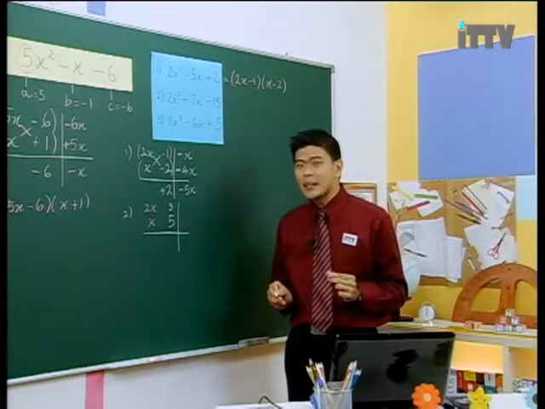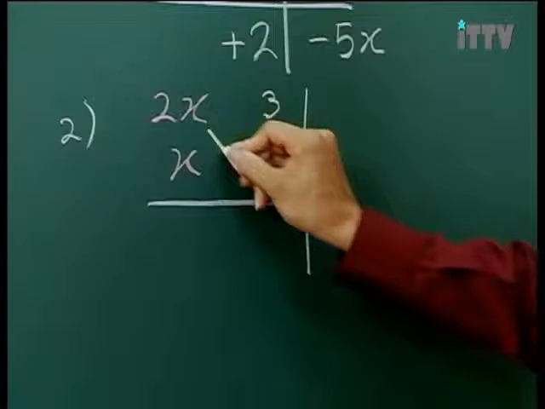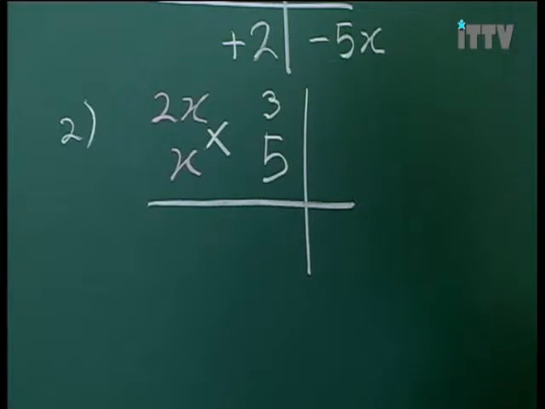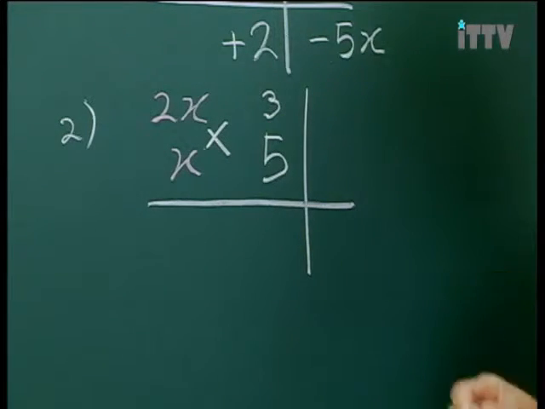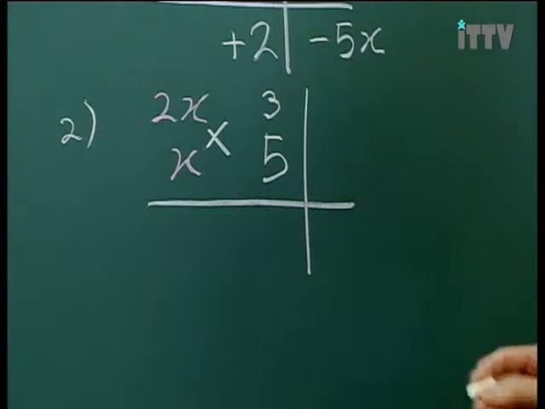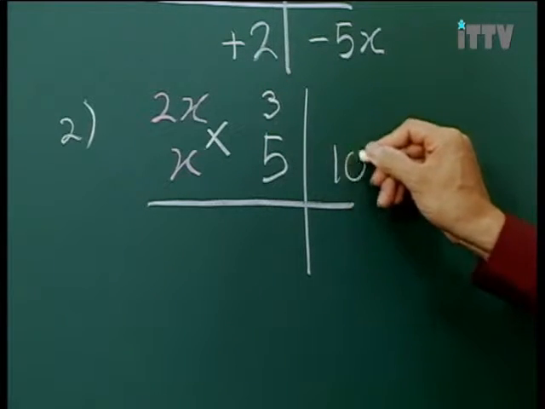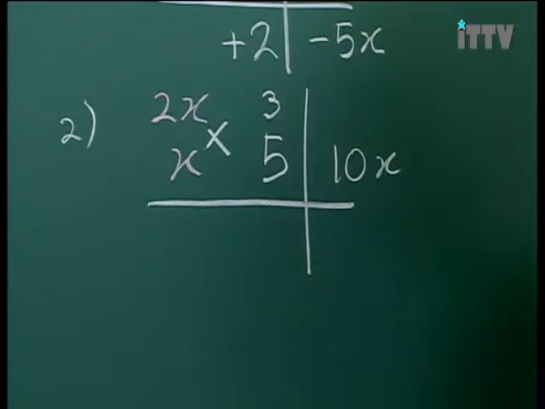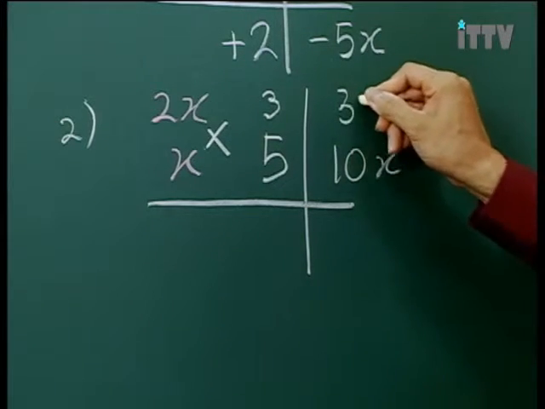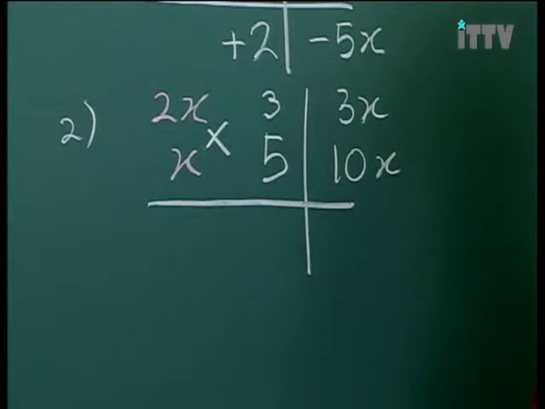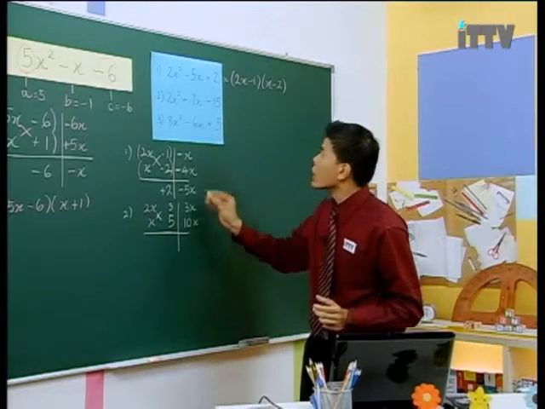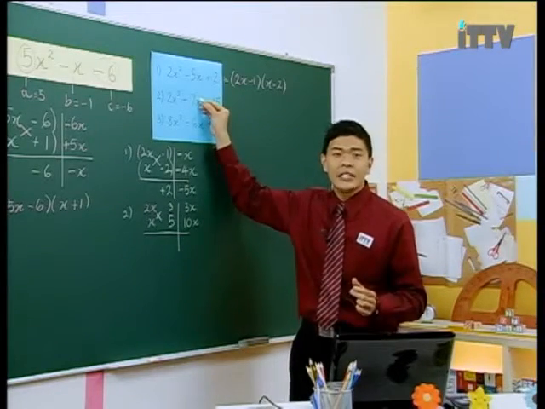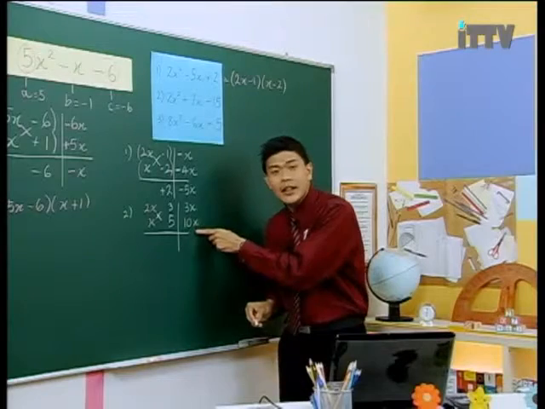And then let's apply the cross method. When you cross, it will give you an indication on whether you have chosen the right combination. So 2x times 5 gives you a positive 10x, x times 3, 3x. Is there any way that you can obtain positive 7x from a 3x and 10x?